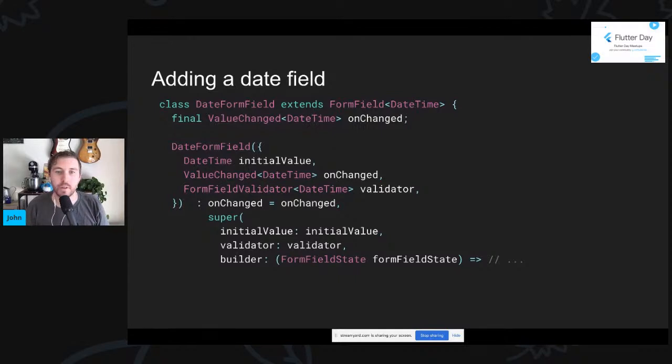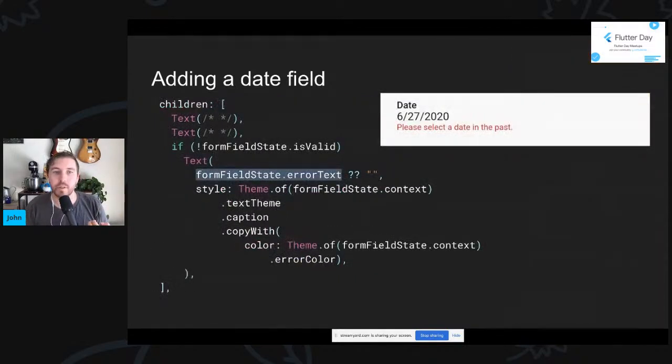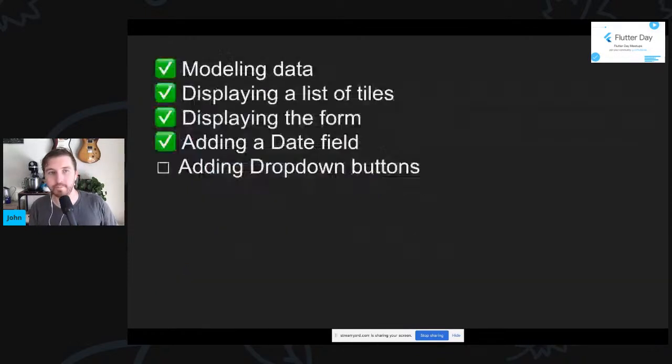That's what we're going to use to, for example, get the build context. It's also what we're going to use to check if there's an error in this form field. So if there's an error, we just want to show a string representing the error. But you could do something much more complicated if you wanted. So let's test that out.